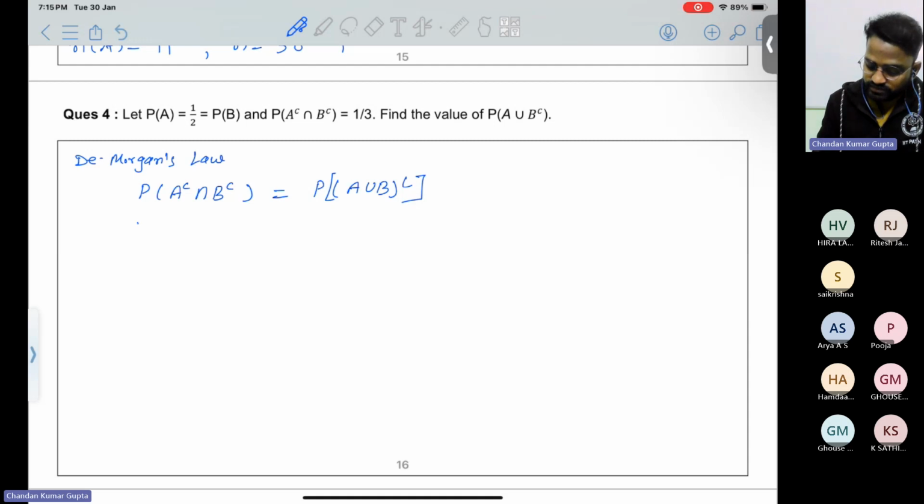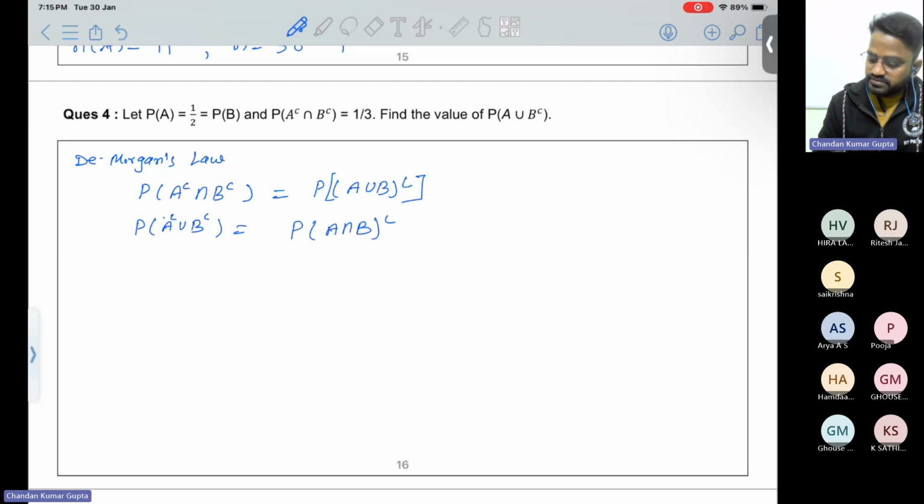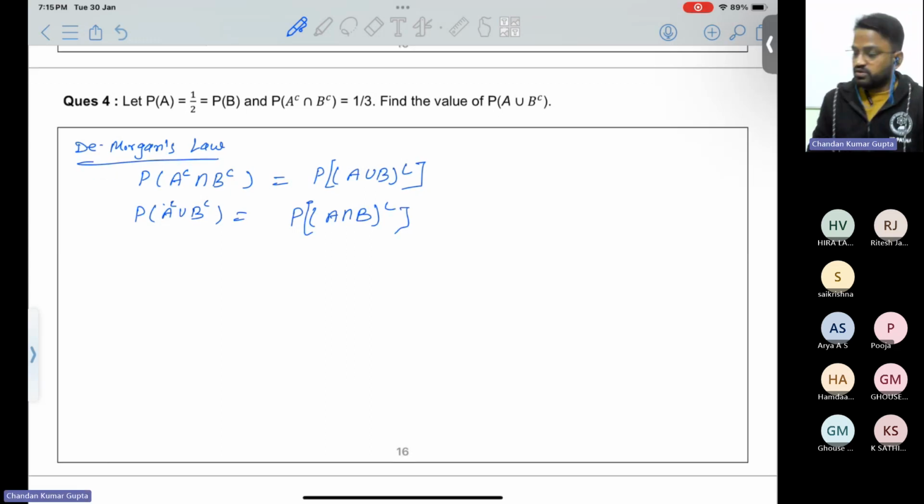This may also be written as the complement of A intersection B equals A complement union B complement. Okay, this is De Morgan's law. So we use this law.